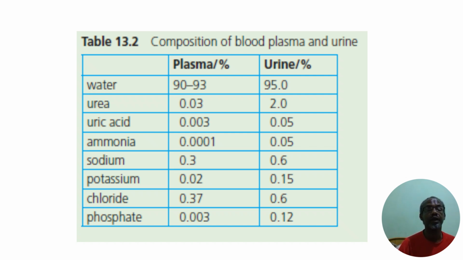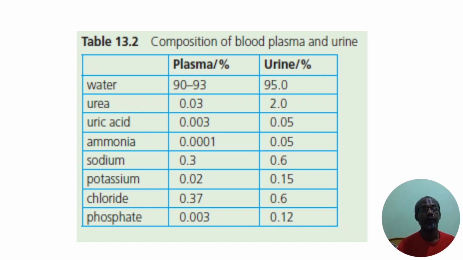Ammonia is also waste, and excess sodium can be lost in the urine, of course, because sodium and chloride are our daily intakes, salt, especially when you take too much salt, you are going to urinate it.